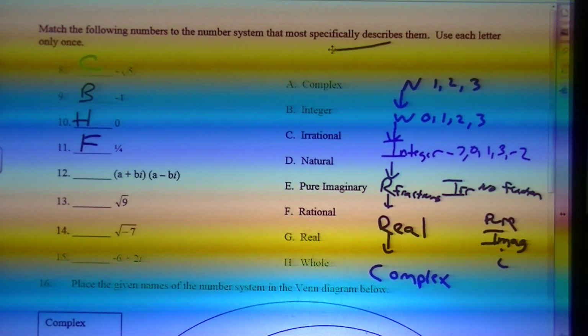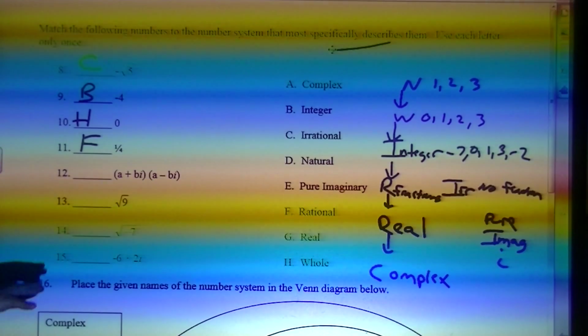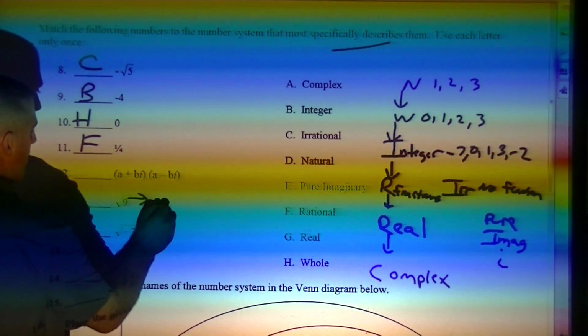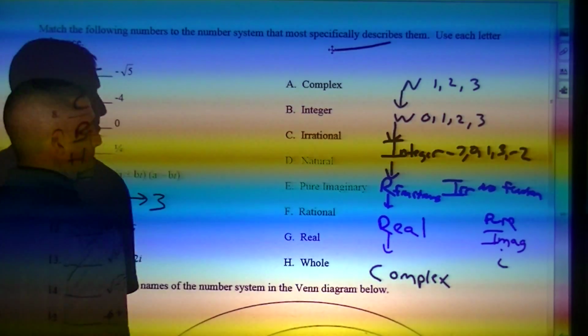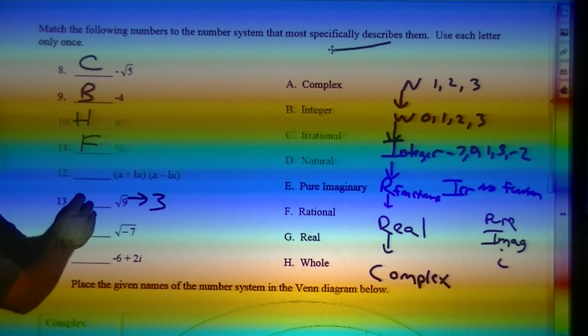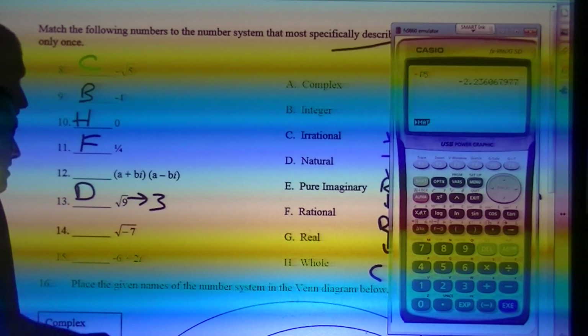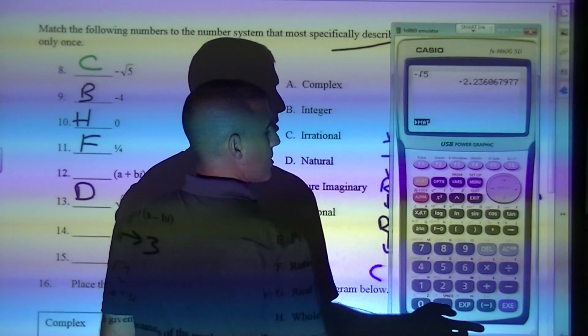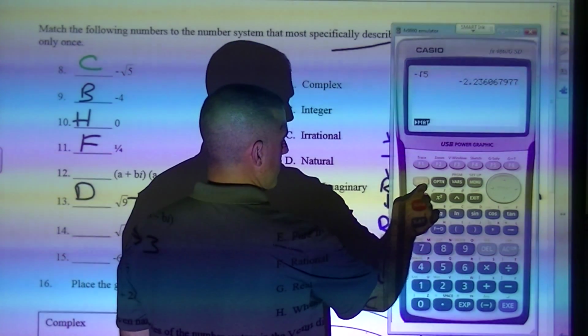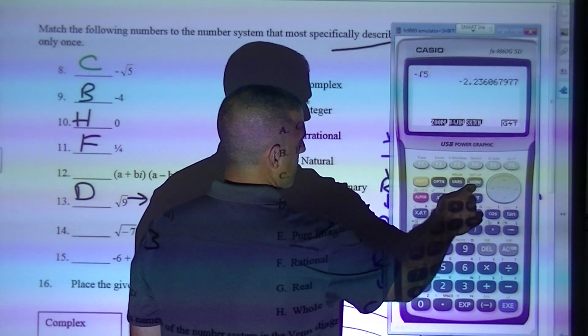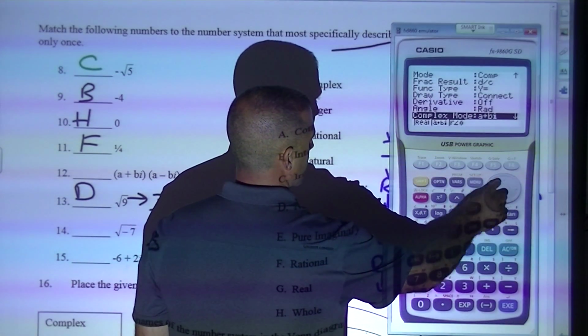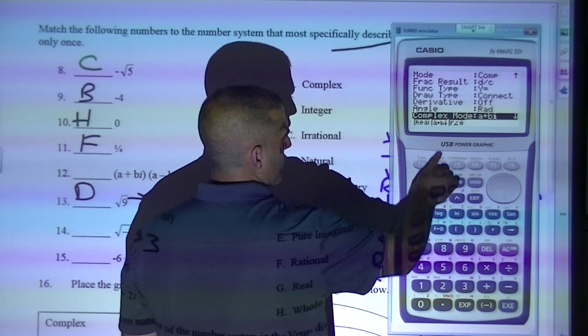We'll come back to a plus bi in a second. Square root of 9 would be 3. The highest thing that could be there is a natural number. D. Alright, square root of negative 7. Now, to trigger the calculator in imaginary mode, which is key, go to Shift, Menu, and go down to a plus bi. Make sure that's turned on there.